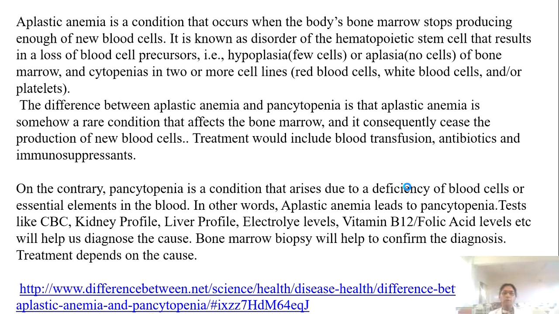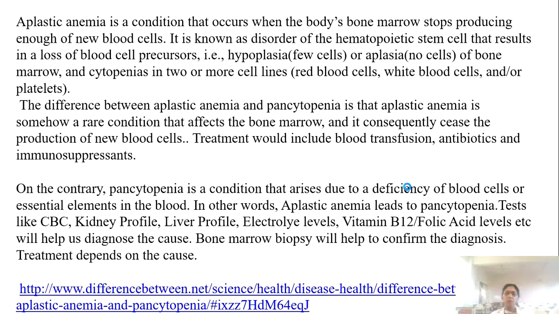To know the difference between aplastic anemia and pancytopenia, we have to understand that this is a disorder of the bone marrow. In aplastic anemia, the bone marrow functioning is reduced, so it will not have enough new blood cells, whereas in pancytopenia, there is a reduction in the red blood cells, white blood cells or platelets.